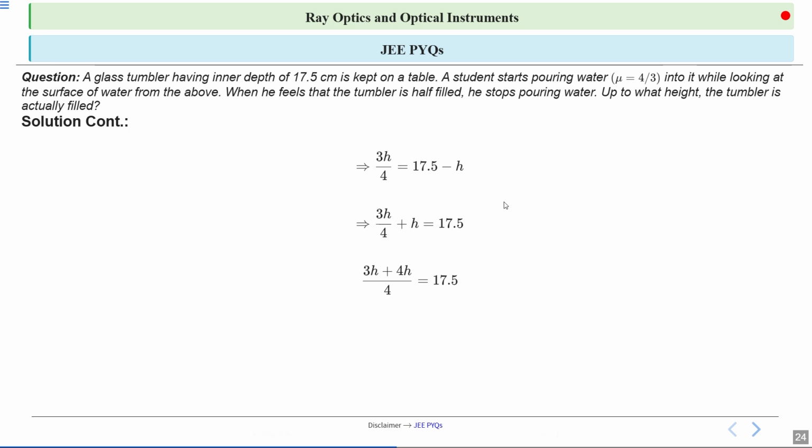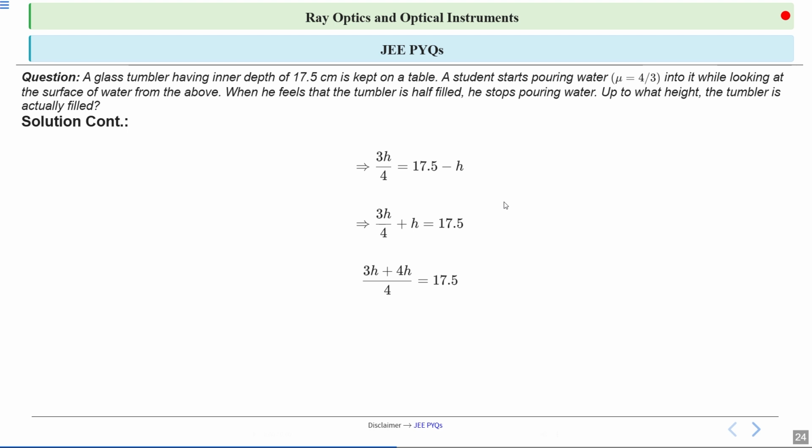So continuing, we simplify further. 3h plus 4h, by taking LCM, upon 4 equals 17.5. We combine the terms involving h, making it easier to solve for h.